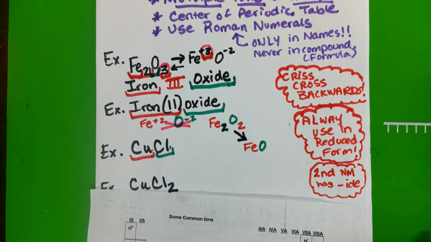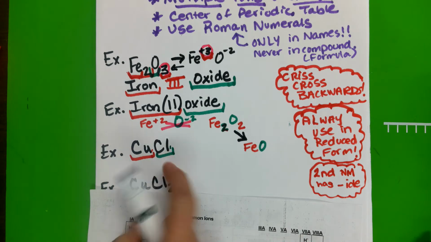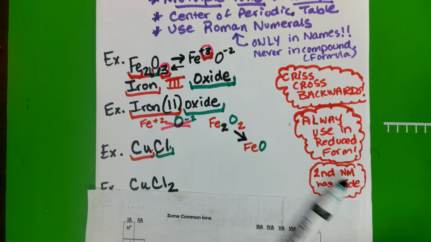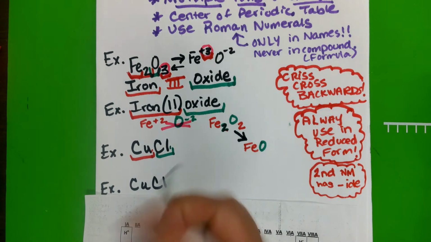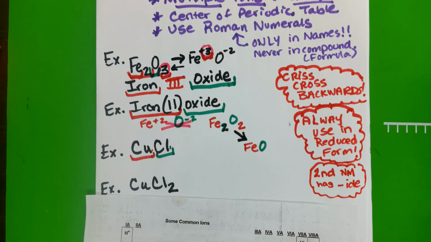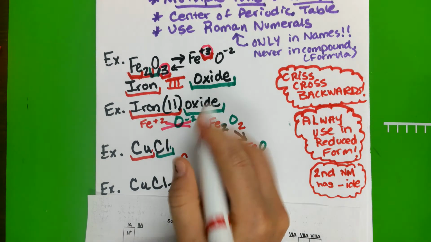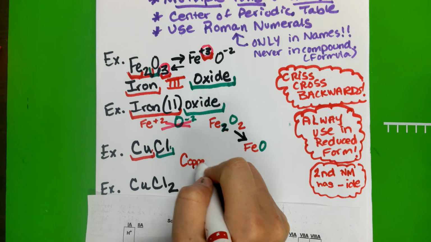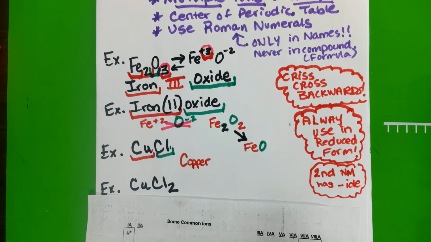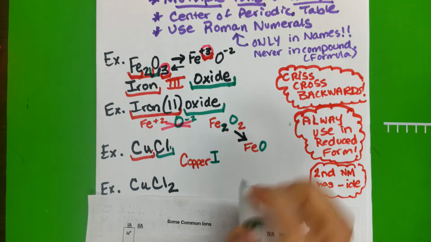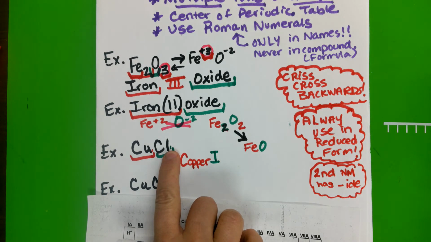So that means this copper should be 1. So it would be copper, and it will be 1. And I'm going to put it in green because that's a 1, right?